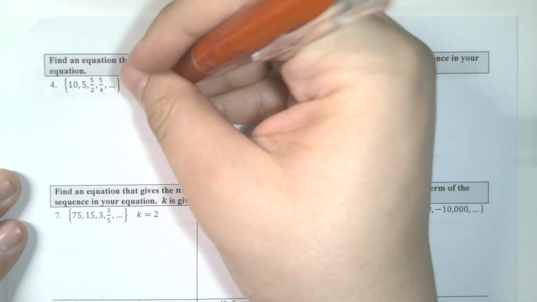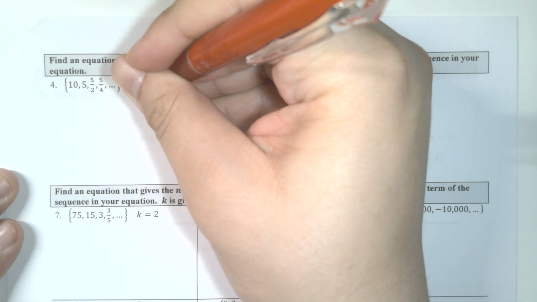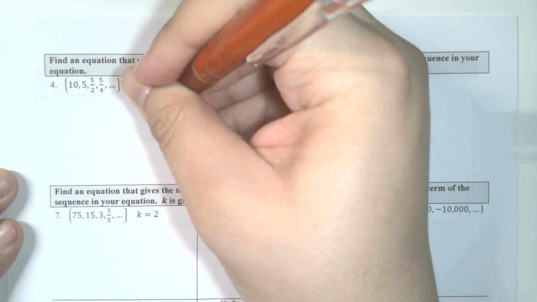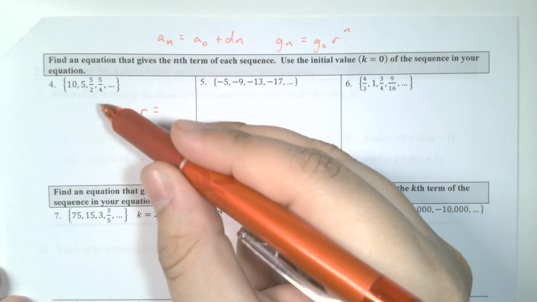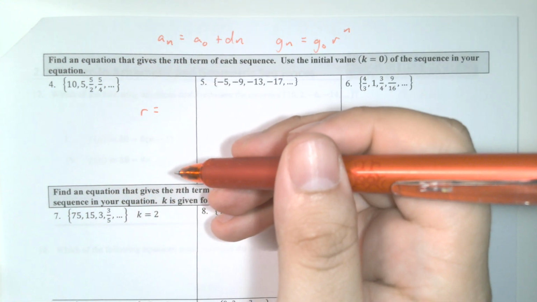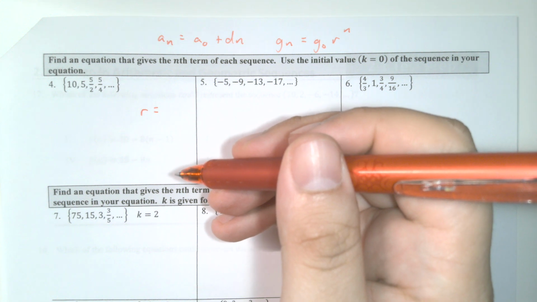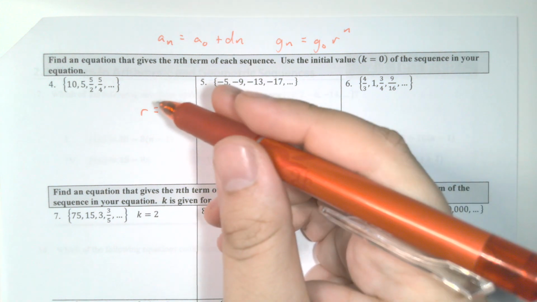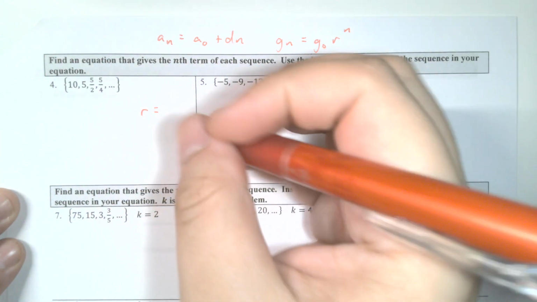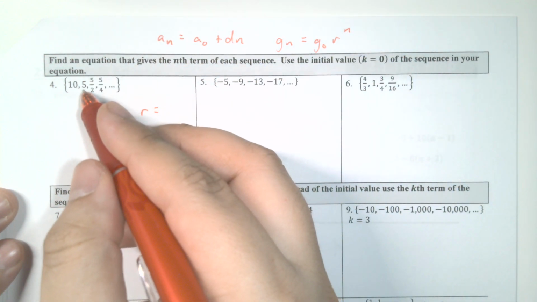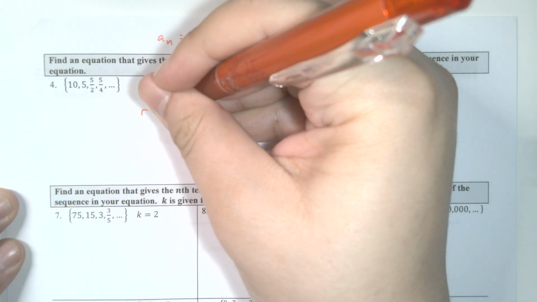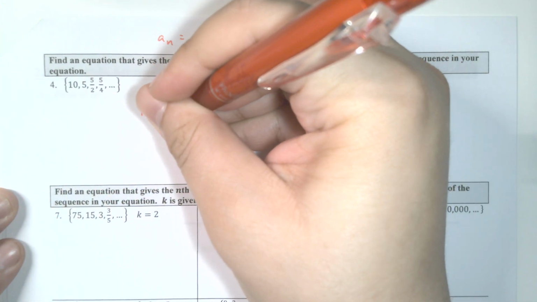And so, we know that our ratio is dividing by 2. Well, dividing by 2 isn't going to be r equals 2. Remember, we can always determine this by one term divided by the previous one, so 5 over 10.